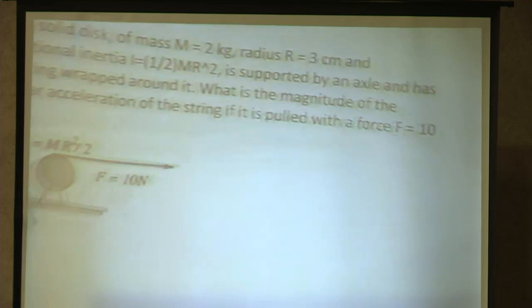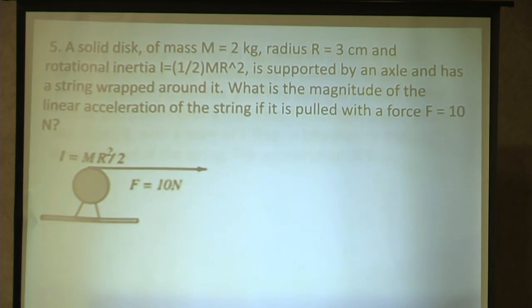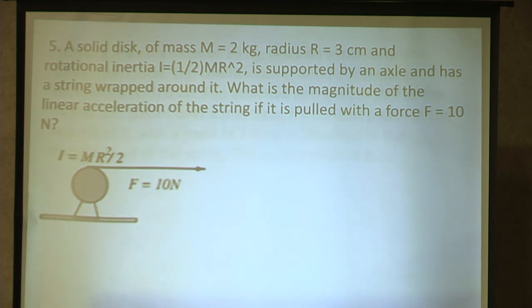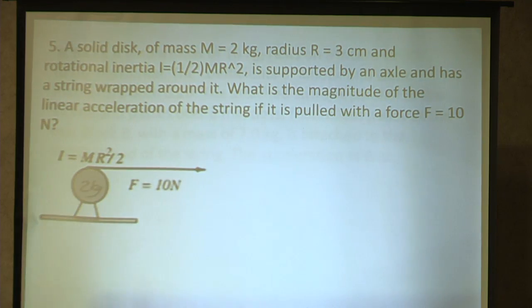Now we're getting into the weird stuff. The moments of inertia, everyone's favorite. Okay. So we have a solid disk of mass m that's 2 kilograms. So I don't know if it's really going to show up in here. Yeah.